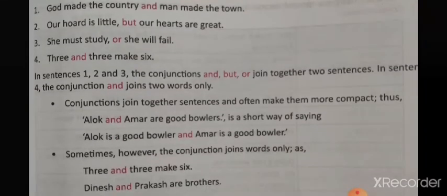Alright. So conjunctions join together sentences and often make them more compact, such as Alok and Amar are good bowlers, which is a very short way of saying that Alok is a good bowler and Amar is a good bowler, right? For example, I went to the market, and my mother asks me what I got from the market. I will not say like this, mother, I have got one pen, I have got one pencil, I have got one eraser, I have got one scale, I have got one chocolate.